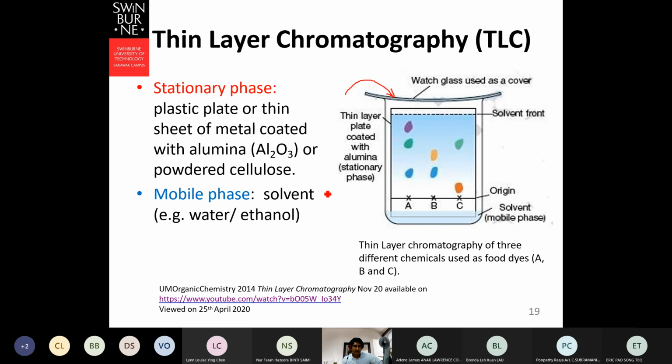Because if the solvent is volatile, like ethanol, and we do not cover it, the ethanol molecules will evaporate away, so you will not find a good solvent front, and it will not be a good experimental analysis either.